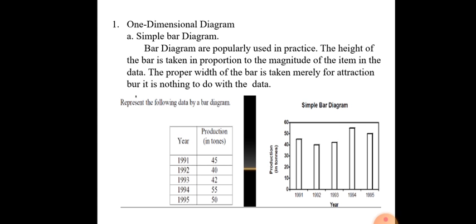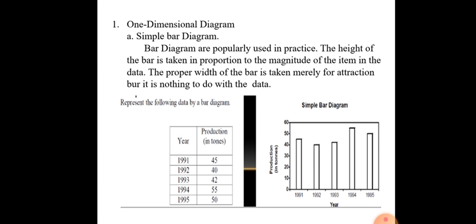Okay, so just see here, it represents the following data by the bar diagram. This is the example. Year wise data is given in tons. For 1991 it's 45 tons, for 1992 it's 40 tons, in 1993 it's 42 tons, in 1994 it's 55 tons, and in 1995 it's 50 tons.